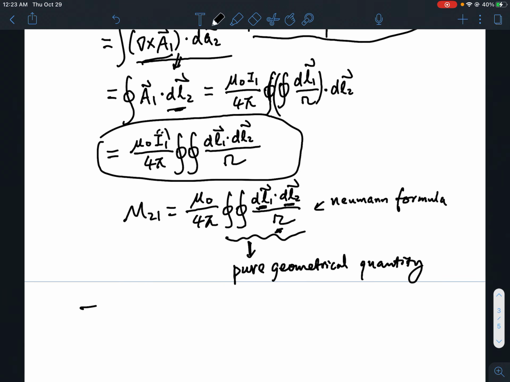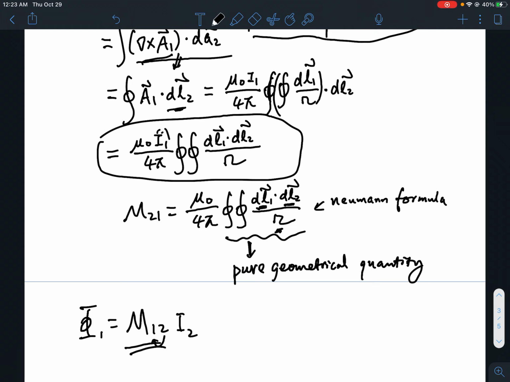Of course, we can define phi 1 as due to the second loop creating a magnetic flux on the first loop, so it depends on the current on the second loop.